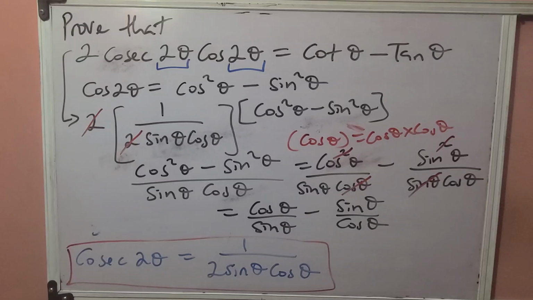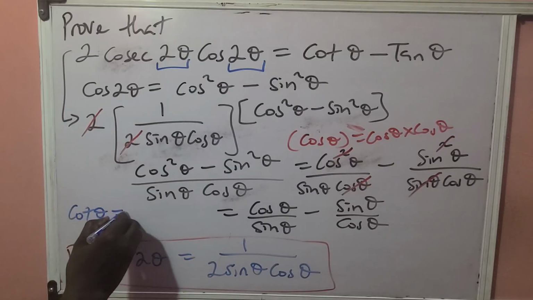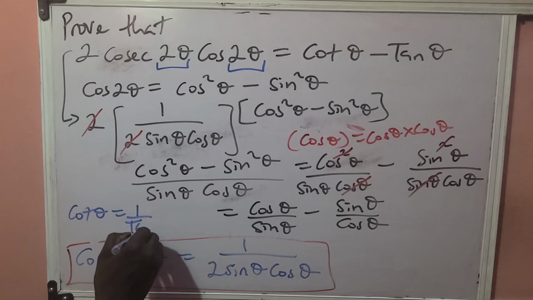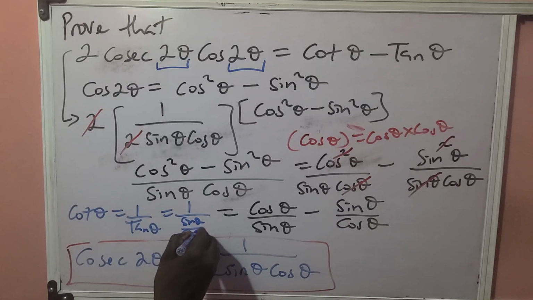Now don't forget, from your understanding of the basic identities, that we told you that cot theta is equal to 1 over tan theta. And tan theta is the same thing as sine theta over cos theta.